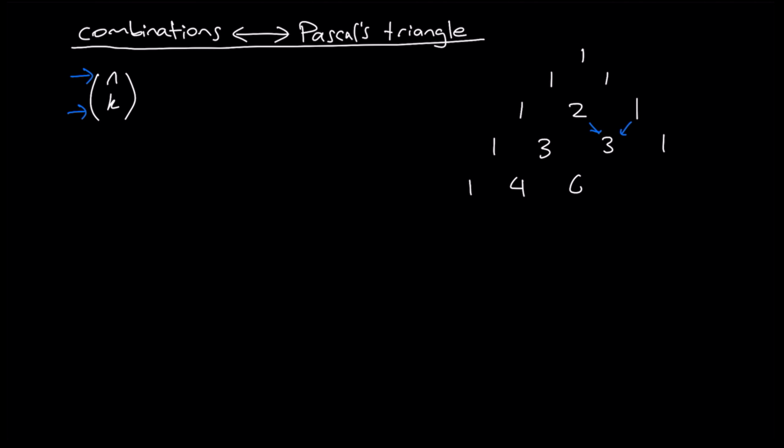But what I want to draw your attention to is that if I wanted to describe any particular number in Pascal's triangle, any particular element of the Pascal's triangle structure, I really need two numbers to specify its location, because I need to specify which row it's in, and then once I pick my row, let's say I pick this row, I need to then specify how far along that row it is.